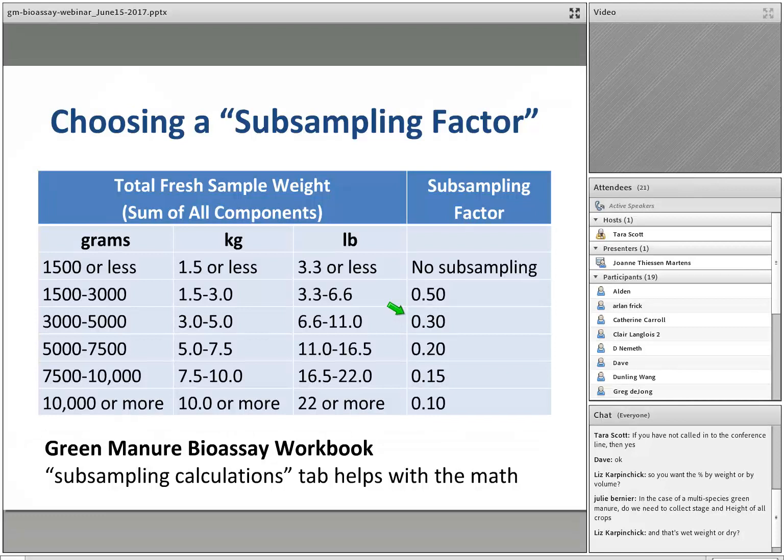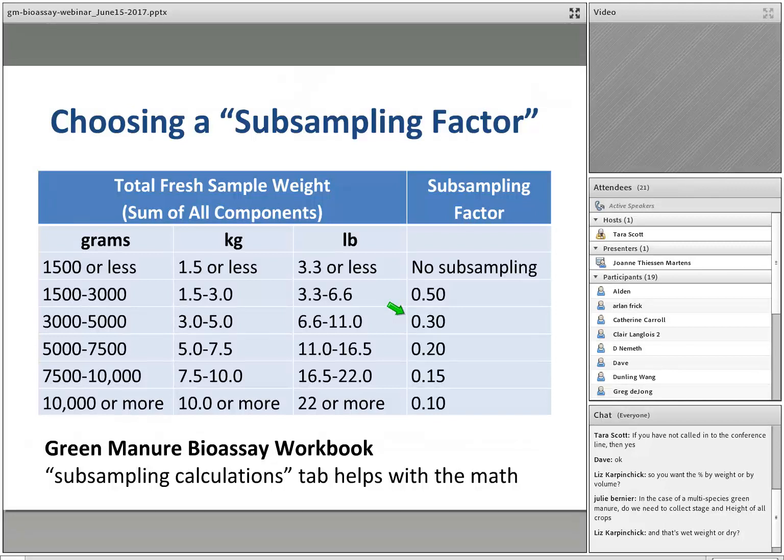And there's a little tab that we added in the Green Manure Bioassay workbook that helps with the math of all of those to figure out exactly how much of each component you should take. So if you have been struggling with large samples, I encourage you to take a look at that, try it out, see if it works for you.